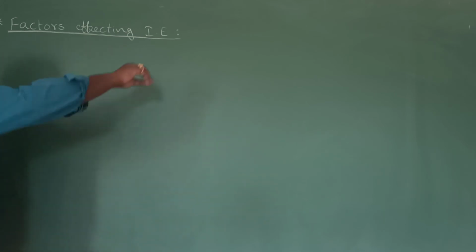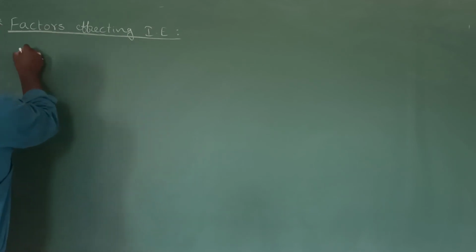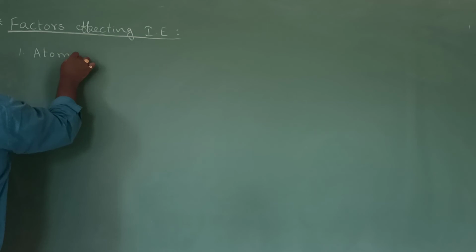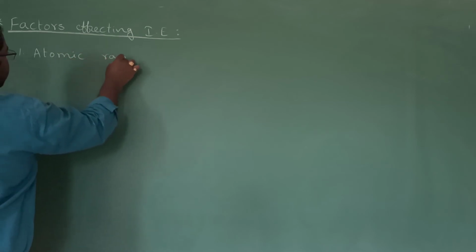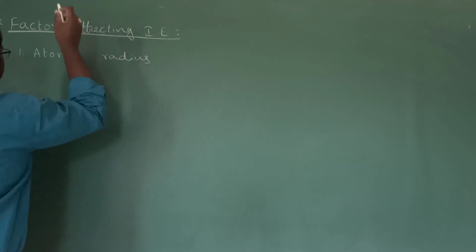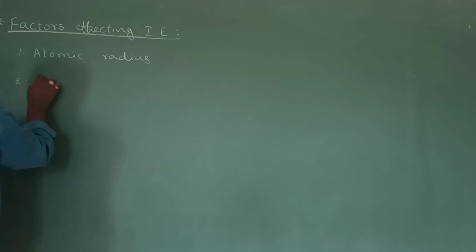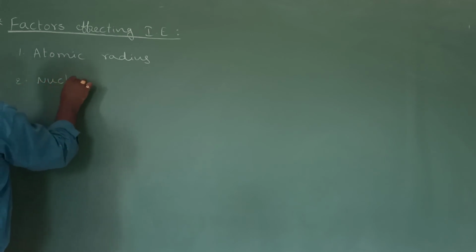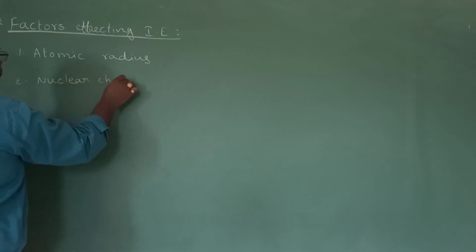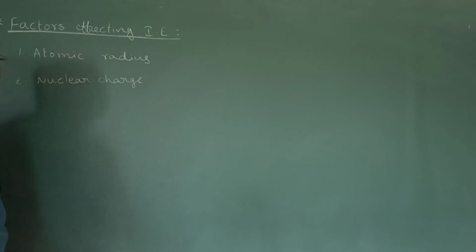Okay. So if you observe the factors which are affecting, the first factor is atomic radius. Now the second factor is nuclear charge. So these are the main two factors which affect the ionization energy value.